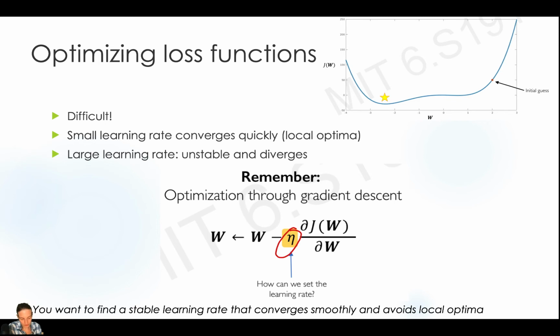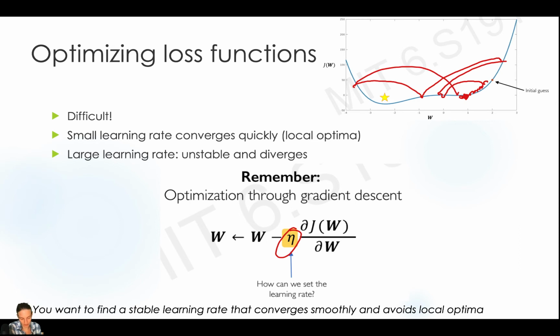With your learning rate, if it's too small, it would converge too slowly. For instance, here, very small steps. Oh, I'm stuck here. I can't get out of this optimum. If you have too big steps, it would be unstable. It might jump from here to there, to there, and just have trouble.